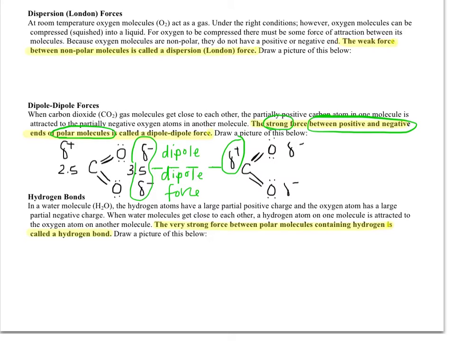So let's draw a little picture. Let's use water as our example. It's a classic molecule that has hydrogen in it. So here is our water molecule. You've drawn this before. And sure enough, if we look at our electronegativity table, oxygen has an electronegativity of 3.5 and hydrogen 2.1.